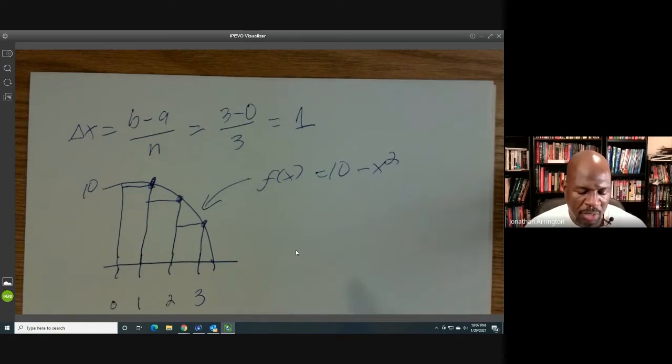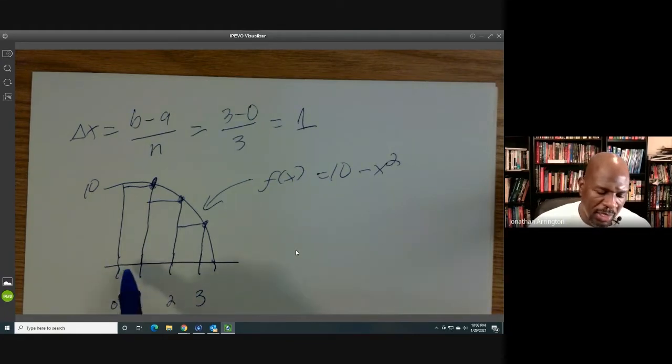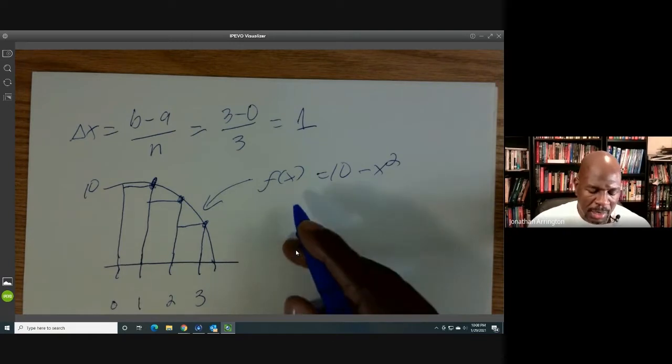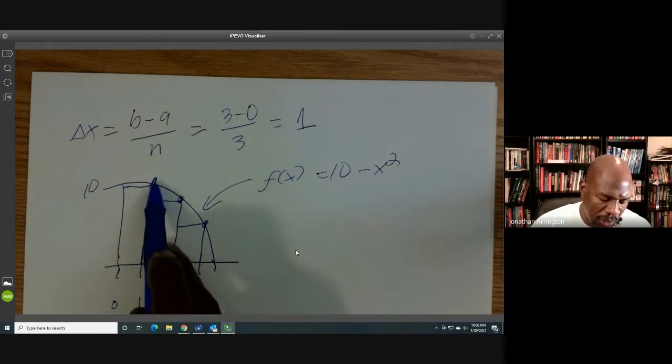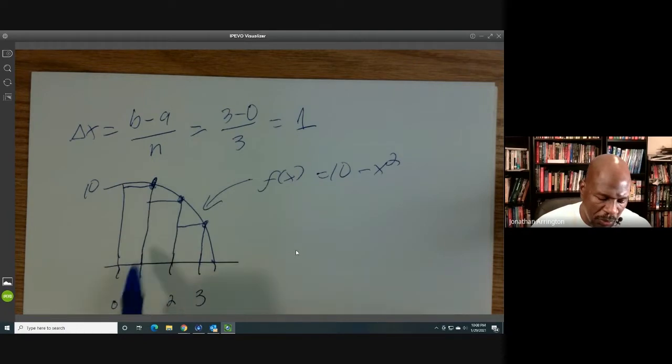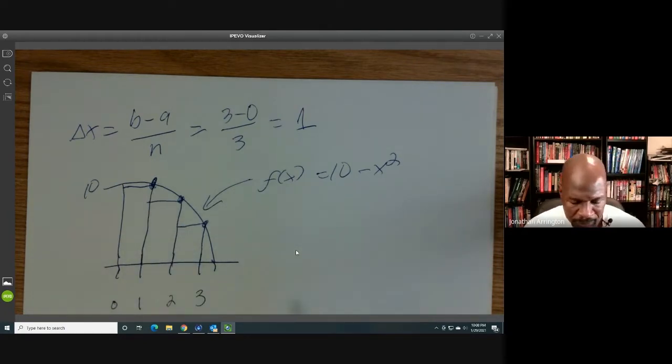To approximate that area with the right Riemann sum of 3 subintervals of equal length, we took the area of these 3 rectangles. For a right Riemann sum, the first subinterval is from 0 to 1, so it hits the actual function at the point on the right of the subinterval, which is 1. From 1 to 2 it would hit at 2, and from 2 to 3 it would hit at 3.